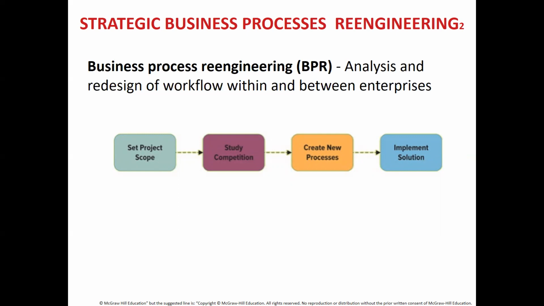You're just going directly to the to-be processes. So business process reengineering assumes the current process is irrelevant. Moreover, it focuses on completely new processes. It looks ahead to future operations and businesses.